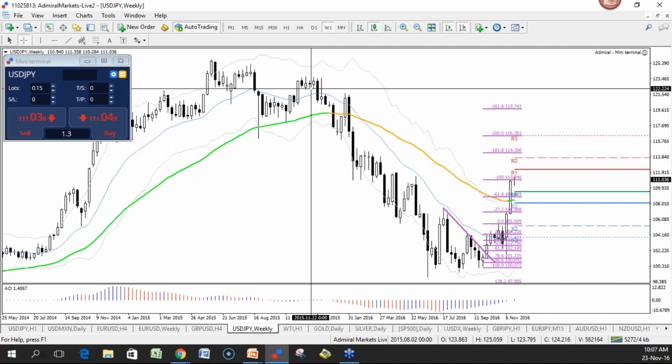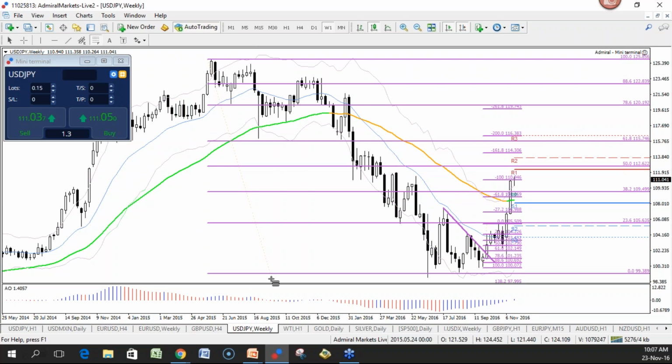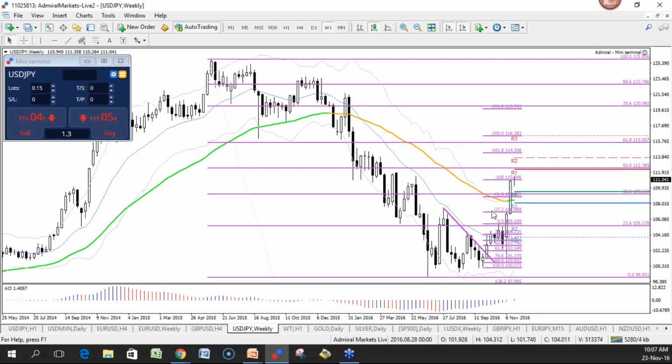But for the moment, with these two weekly candles, momentum is on the upside indeed. What I will keep an eye on is how price responds to these fibs, like 112.50, the 50 fib, for instance. It stopped at the 23.6. It smashed through the 38.2. So I wouldn't be surprised if it stopped at the 50, for instance, 112.30. And we'll have to see how this reacts to the 50 fib.